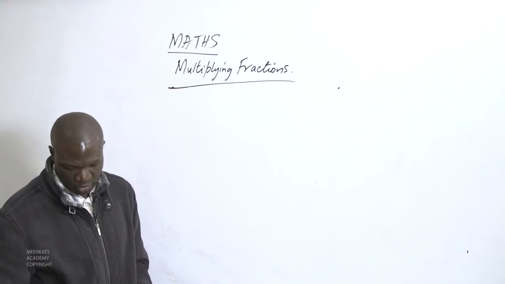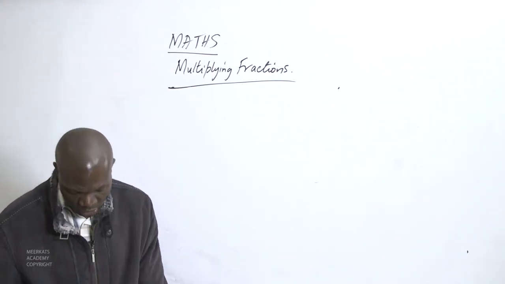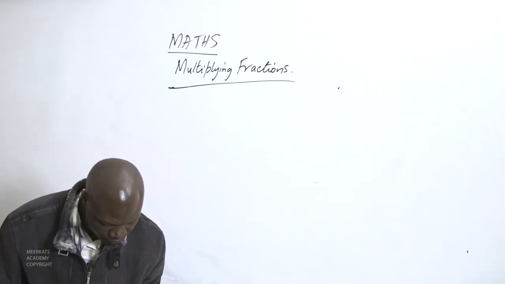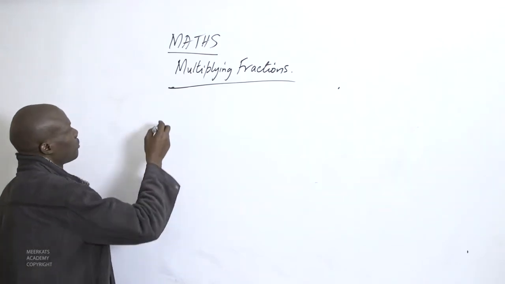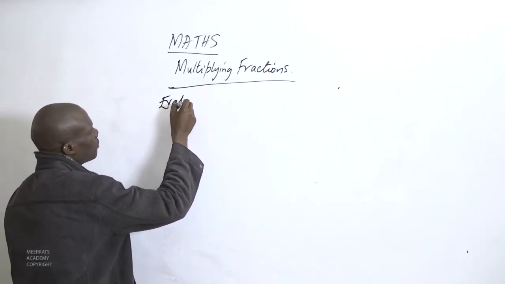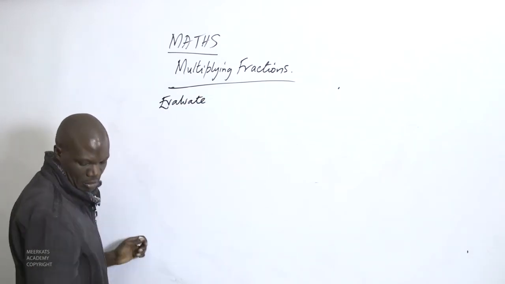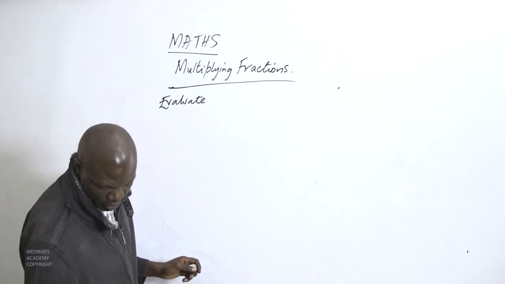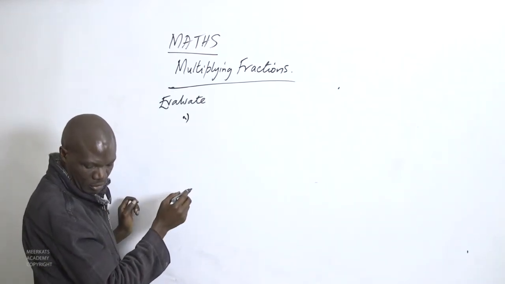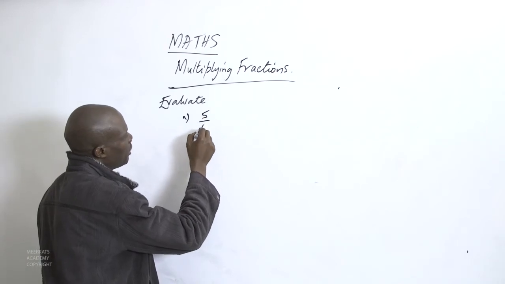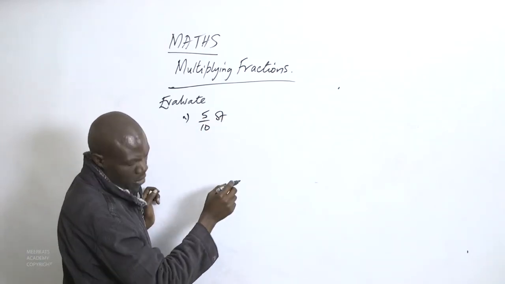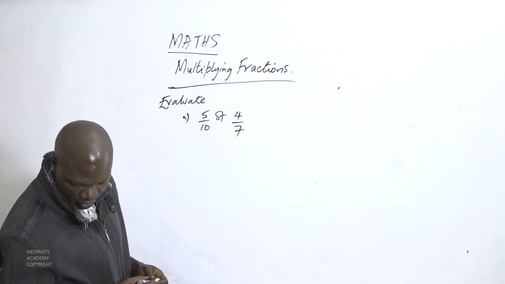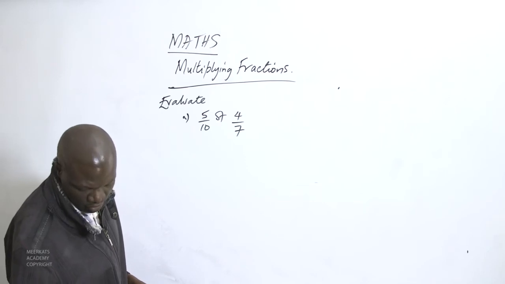Now, in this question, we are required to evaluate 5 over 10 of 4 over 7.